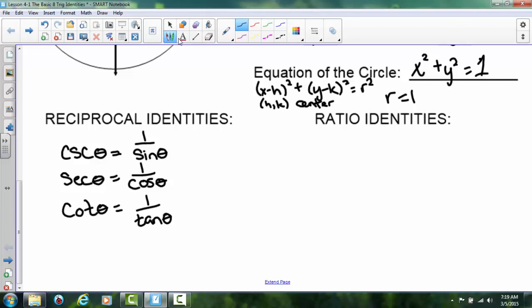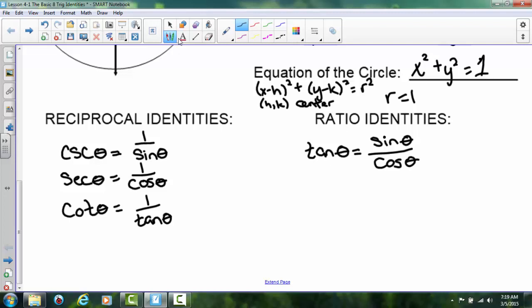All right. And because tangent theta is y over x, and we know that sine theta equals y and cosine theta equals x, we can simply say that tangent theta is equal to sine theta divided by cosine theta.